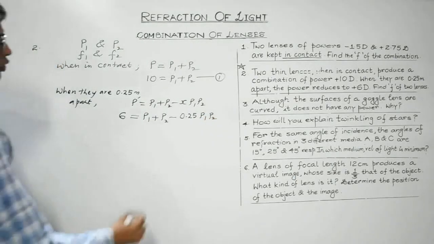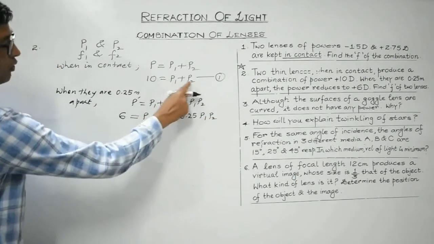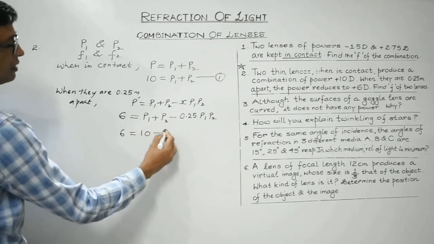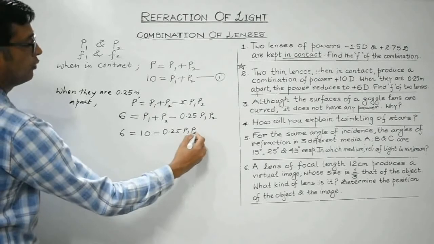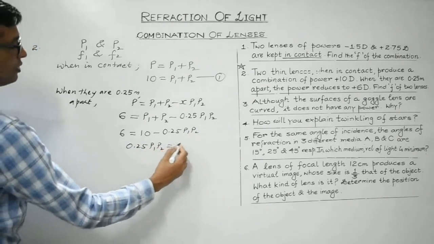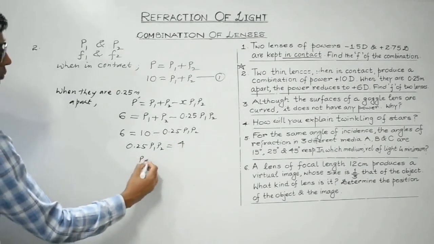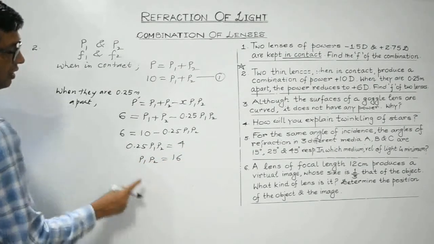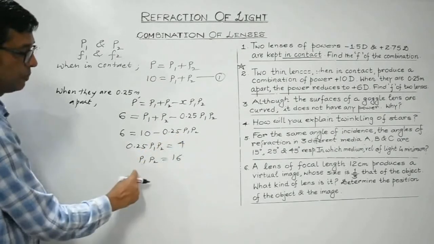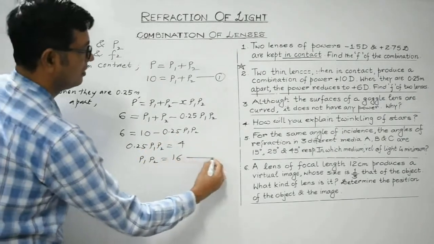Right? So let's substitute the value of P1 plus P2 as 10 over here. So we get minus 0.25 P1 P2, or 0.25 P1 P2 is equal to 4. Therefore, P1 P2 is equal to 16. 0.25 is 1 by 4, so on cross multiplication, P1 P2 will give us 16.